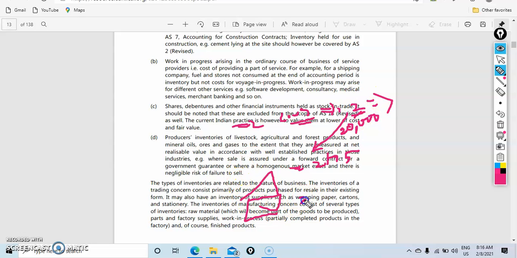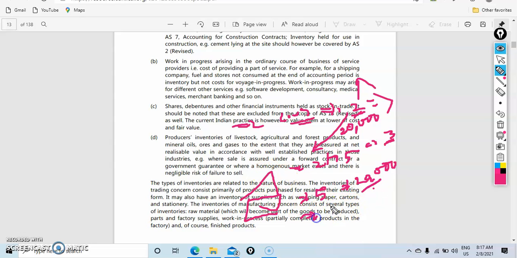When we see the values, we have 5 cows and the value will be 20,000. Is it correct? No. From our point of view it was correct, because we purchased only 2, which cost 20, and the other 3 have no cost. It has no cost, and for the total 5 it is only 20 now. So for that we are not using AS2.